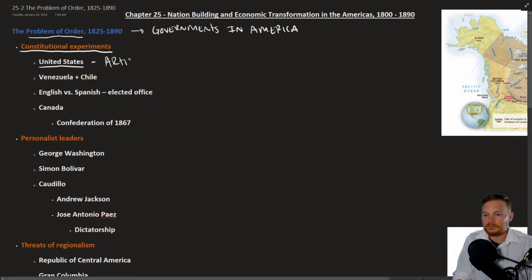In the case of the United States, the first constitution of the US was called the Articles of Confederation. It was a very loose government between the states, ultimately left the power up to the states to decide.